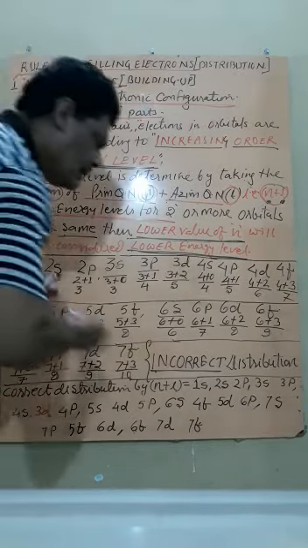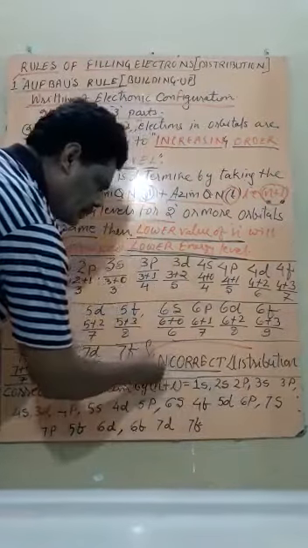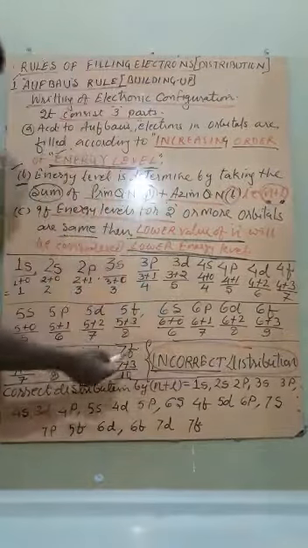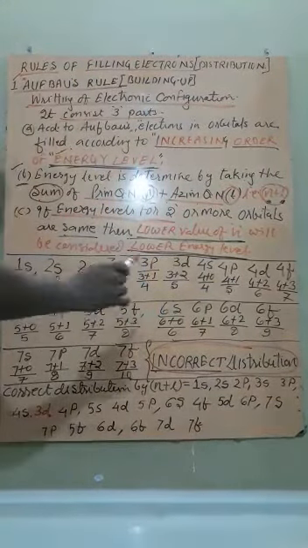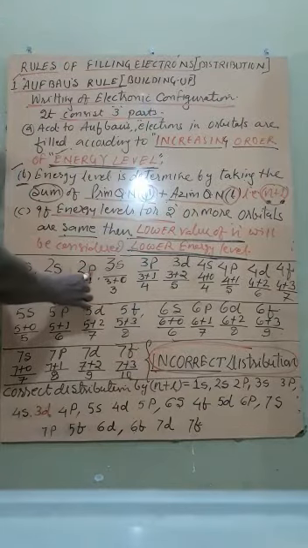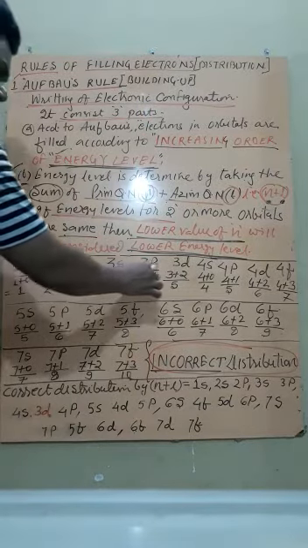Very first, I am writing the incorrect distribution on the basis of quantum number, which we discussed in the earlier period. What is the incorrect distribution? Say 1s, 2s, 2p, 3s, 3p, 3d.